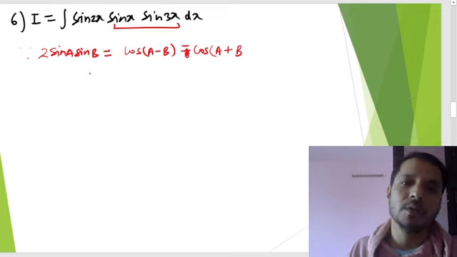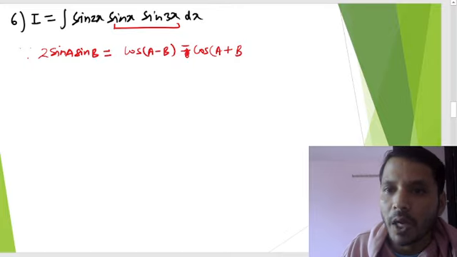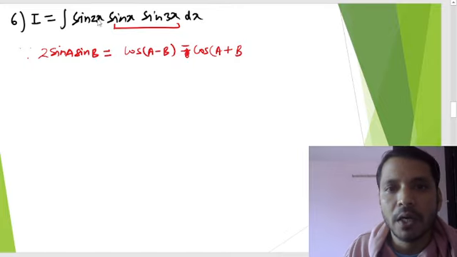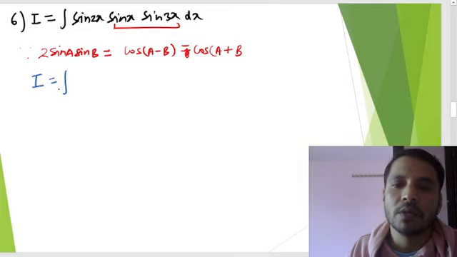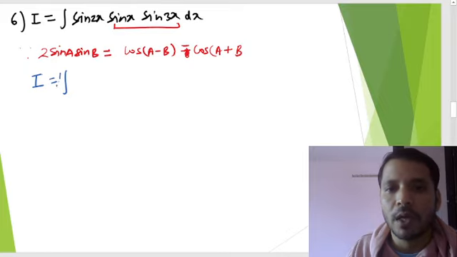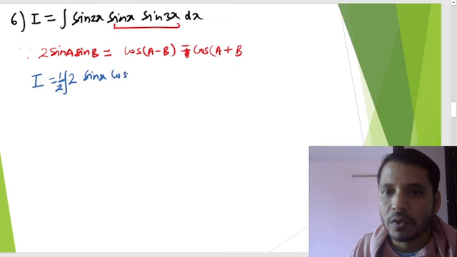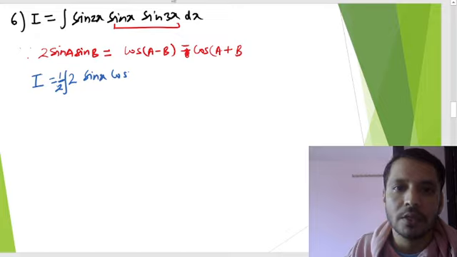So if we apply this formula here, we can write our I as the integration of, first we need to multiply and divide by 2. So we write 2 times sine x into sine 3x, not cos.